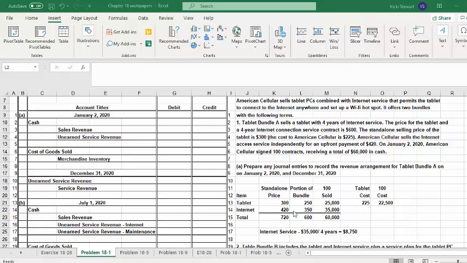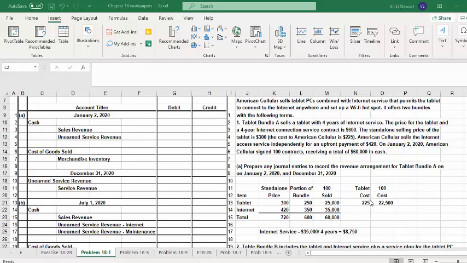We do the same thing for the internet. We take $420, divide it by the total of $720, multiply it by $600, and that gave us $350 allocated to the internet. Times 100 is $35,000 of revenue allocated to the internet service, and of course all 100 bundles sold for $60,000.